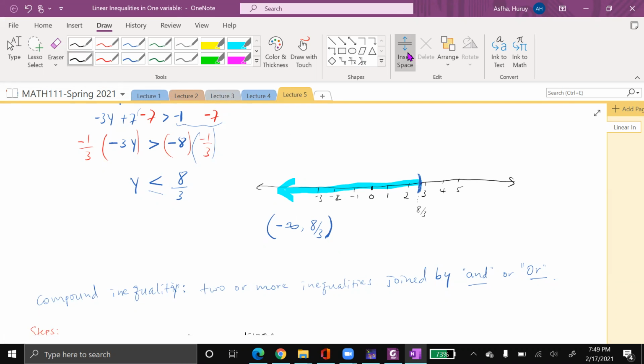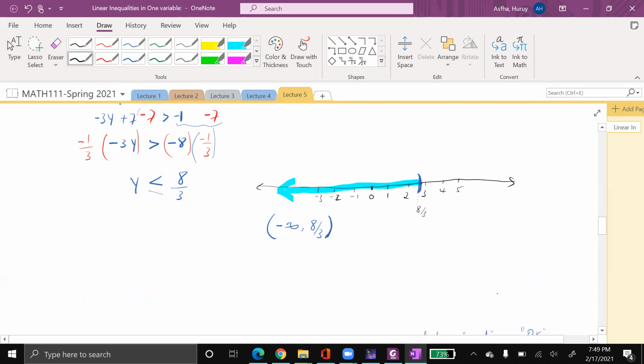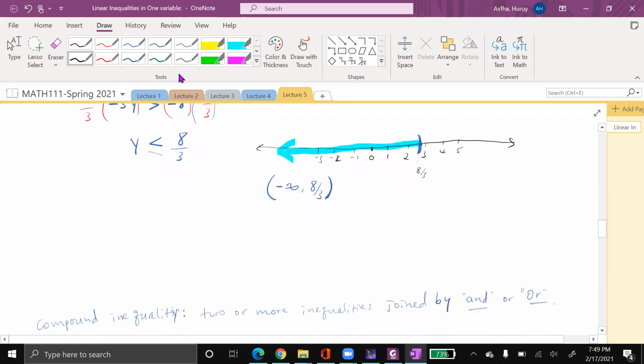Now, this notation we call interval notation. And then there is set builder notation.